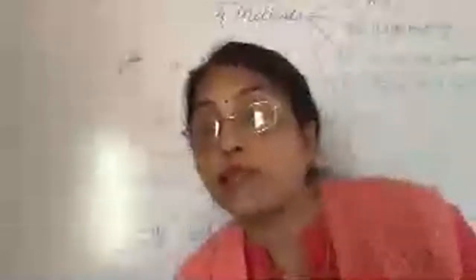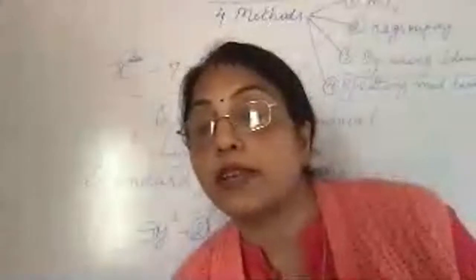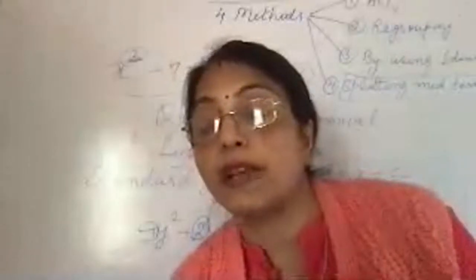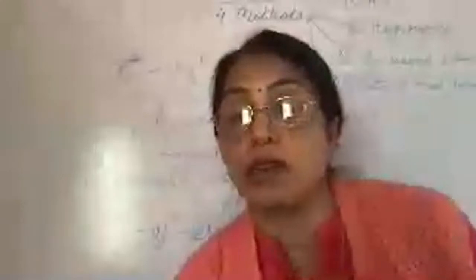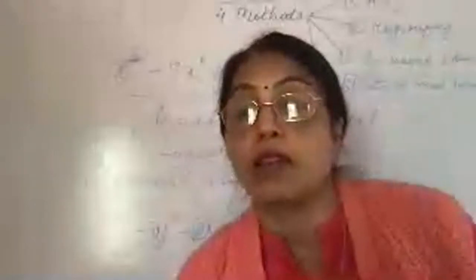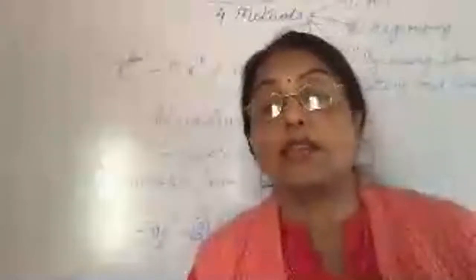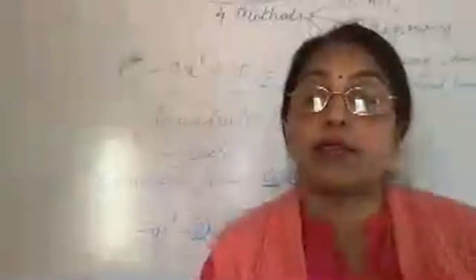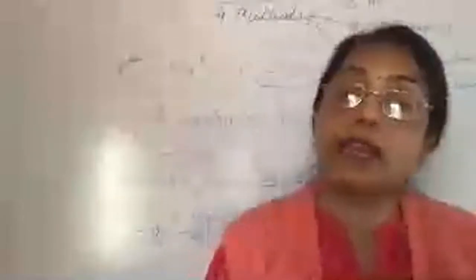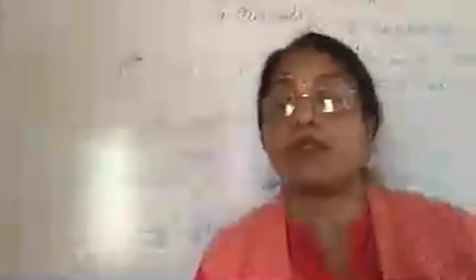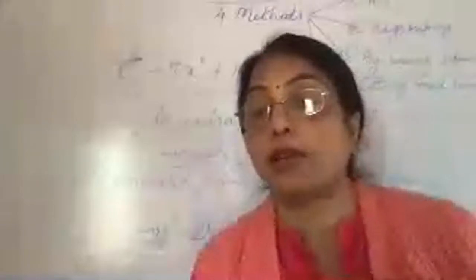We will identify whether the given quadratic polynomial is factorizable or not. Just randomly you have to see, because I told you HCF you will apply everywhere, if you think anything is common in every term.